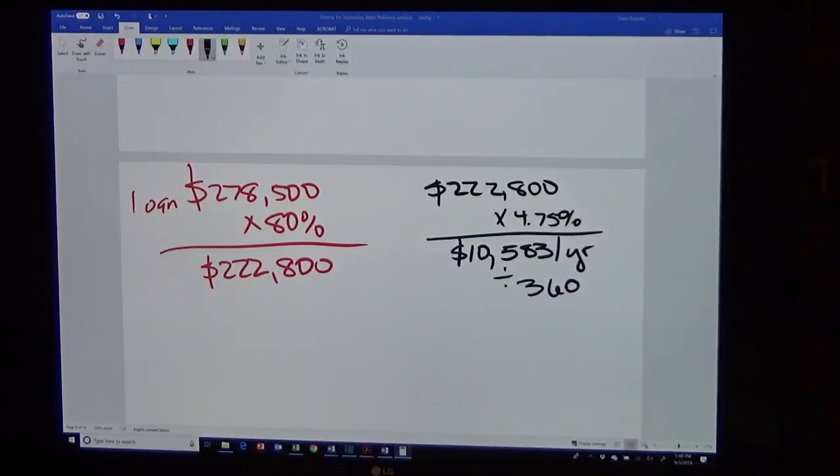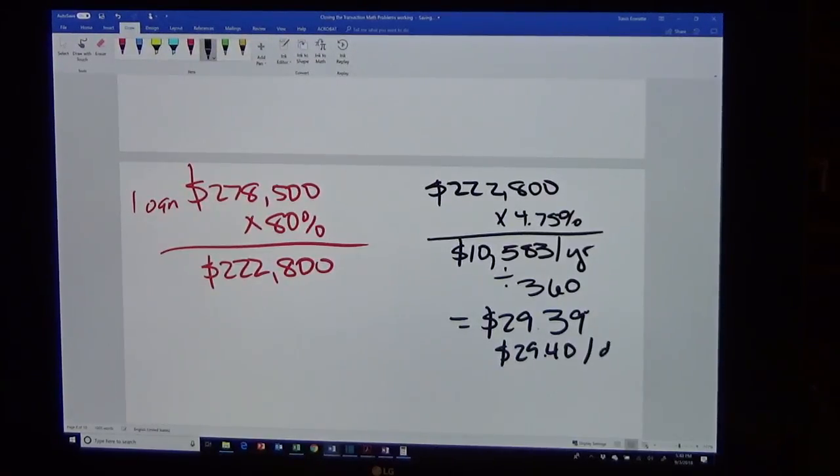Divided by 360, that equals $29.39, or 29.40 if I round, per day.